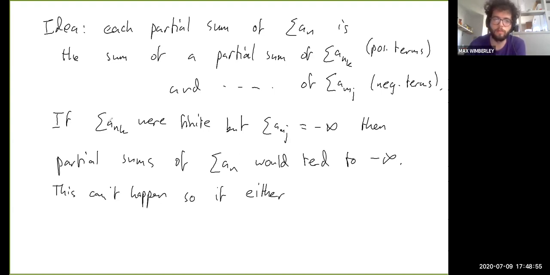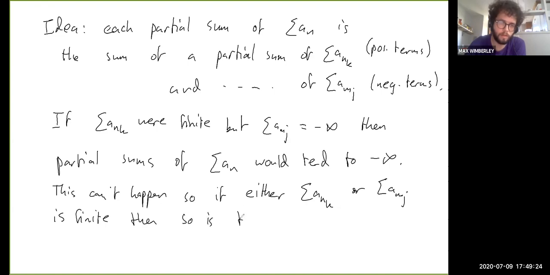So basically, if you assume that the sum of a_n converges, then either both of these sums are infinities, or they're both finite numbers. You can't have one and not the other. So if either the sum of a_nk or the sum of a_mj is finite, then so is the other one.